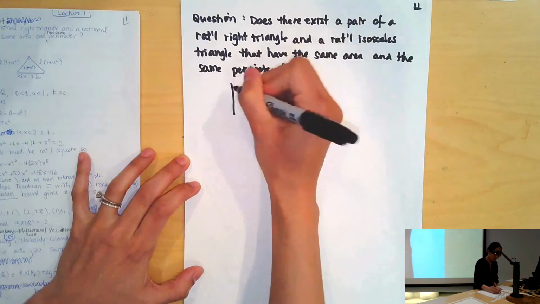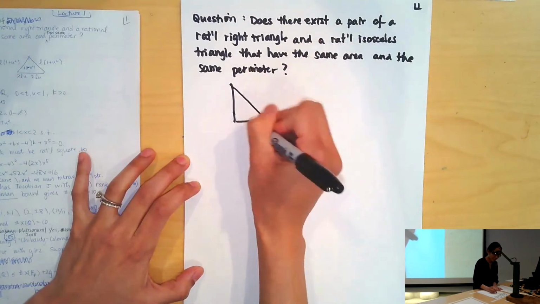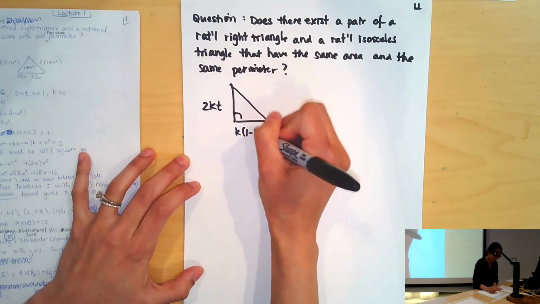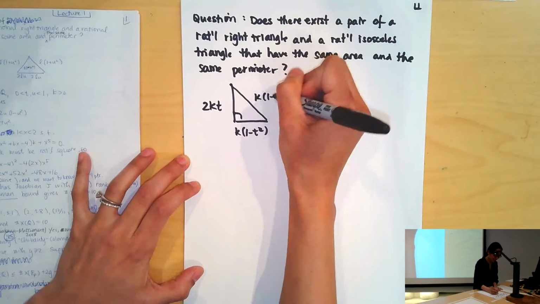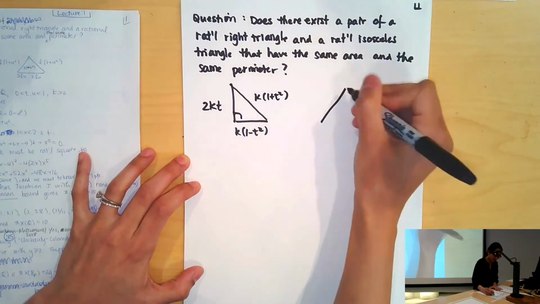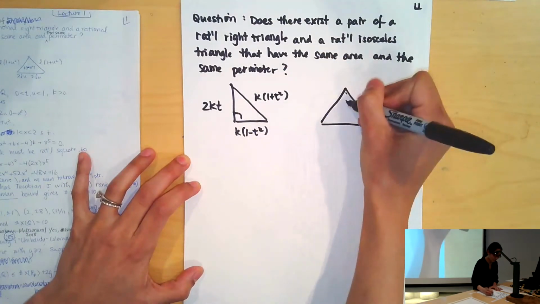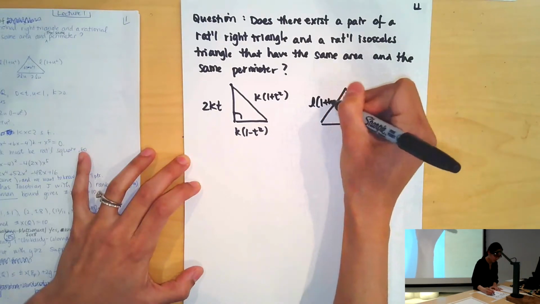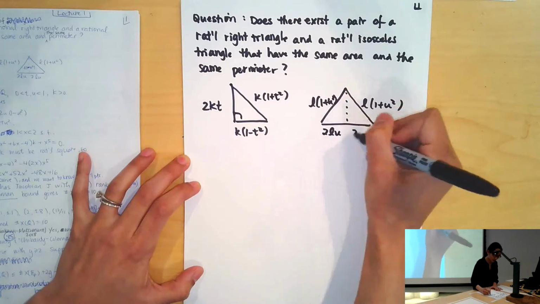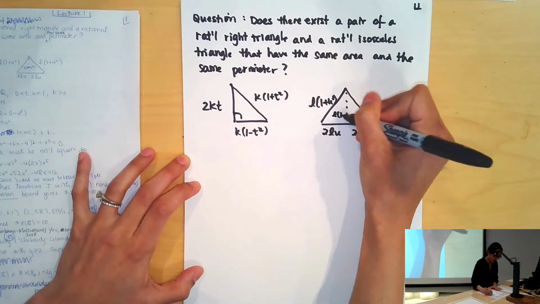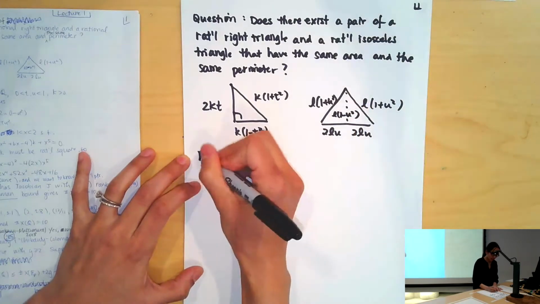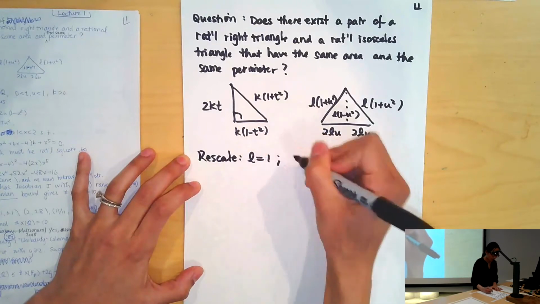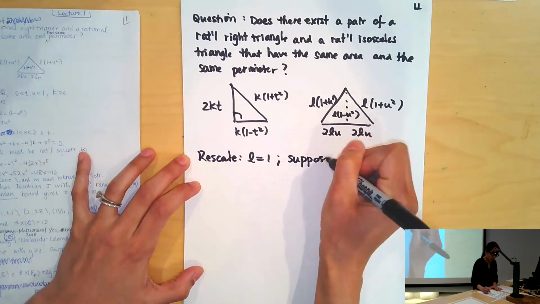All right, so here are some triangles. So here's our right triangle, and here is our isosceles triangle. And let's rescale, so we'll assume that L is 1. So we want to understand this over the rationals.